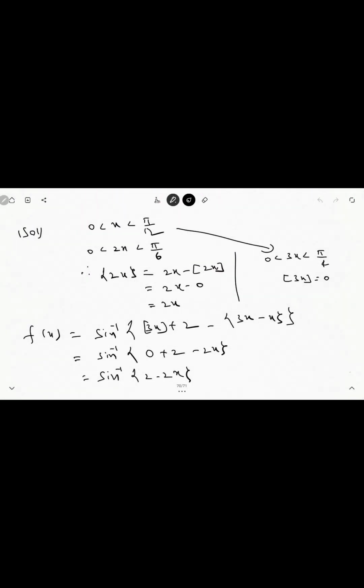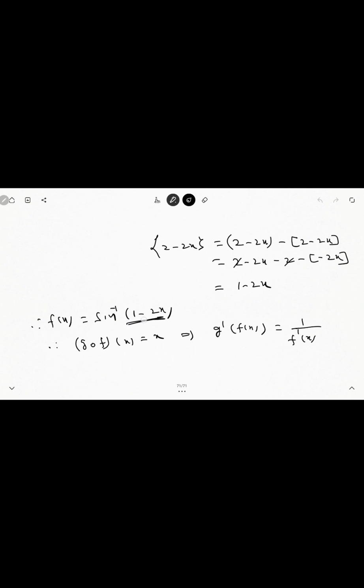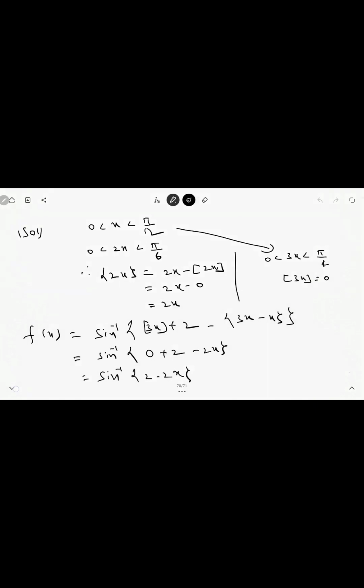When it is pi by 6, x is 1 by 4, then 1 minus 2 by 4, 1 minus 1 by 2. So whenever x is equal to 1 by 4, put x is equal to 1 by 4, I am getting g dash of f of 1 by 4 is equal to 1 by f dash of 1 by 4. And f of 1 by 4 is nothing but, just substitute 1 by 4, you are getting the required one only, g dash of pi by 6.